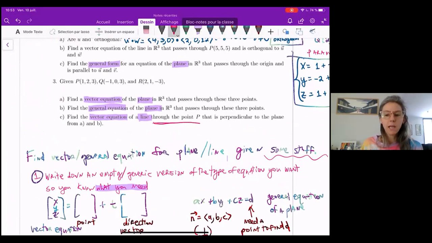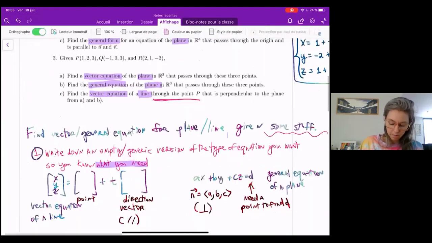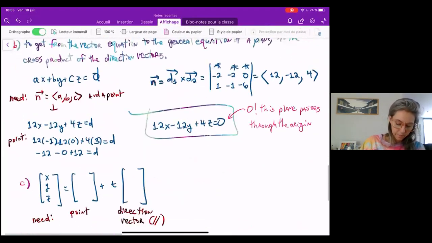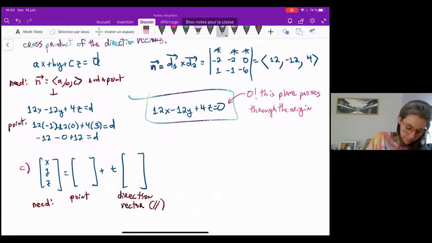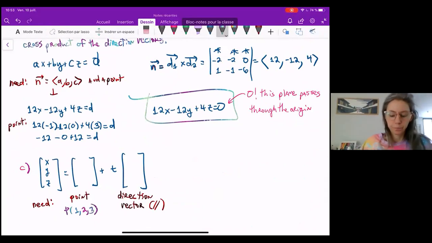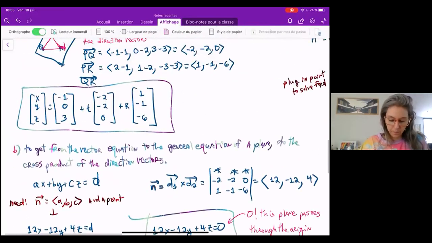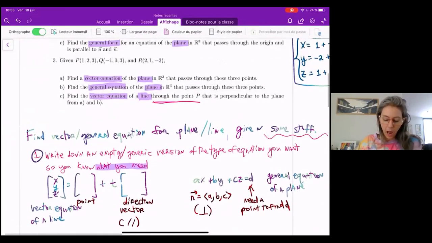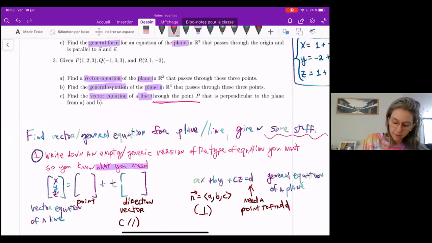And it's through the point P, so P, 1, 2, 3, that's my point. Now, hopefully the stuff after that is gonna help me find a direction vector. I want it perpendicular to the plane from A and B.